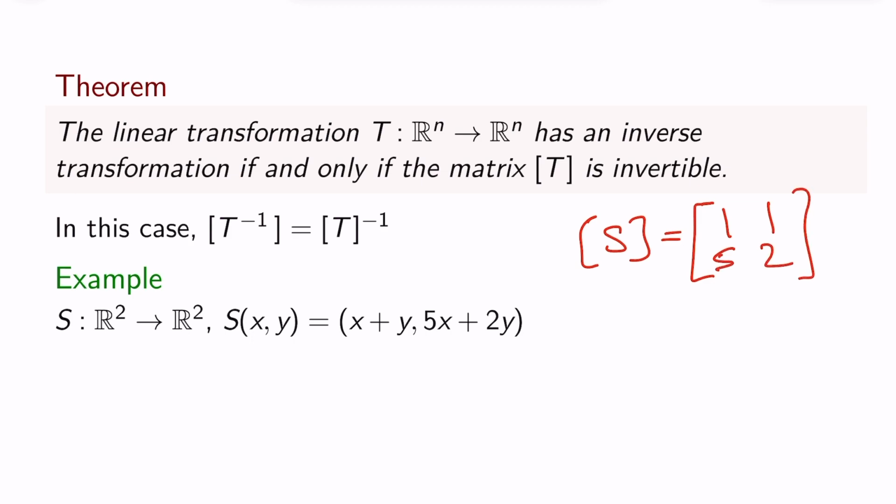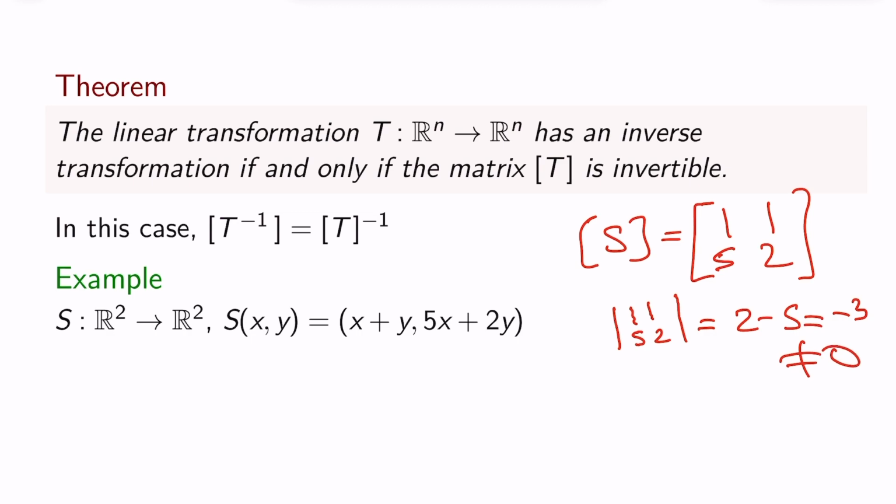To know if this matrix is invertible, remember that the condition for being invertible is that the determinant is not 0. So let's calculate the determinant of this matrix. The determinant is 2 minus 5, which is minus 3, which is not 0, right?